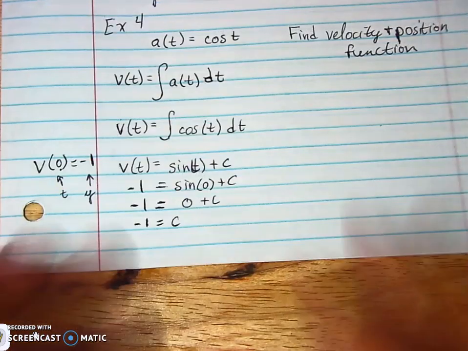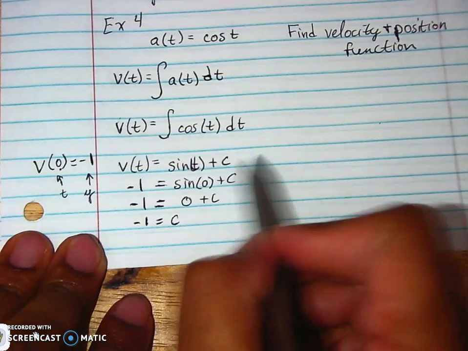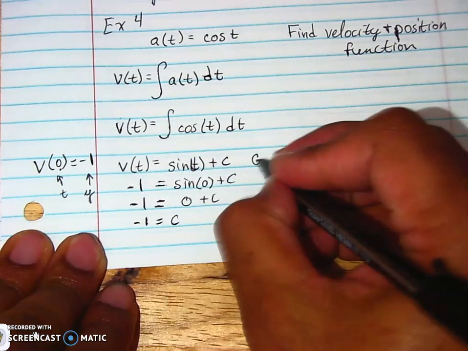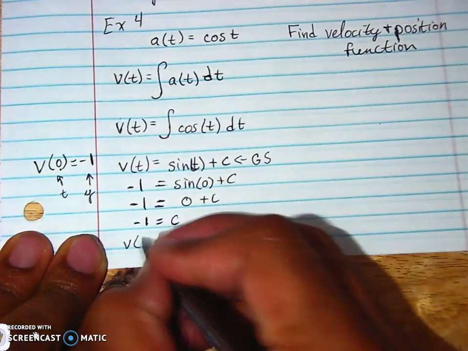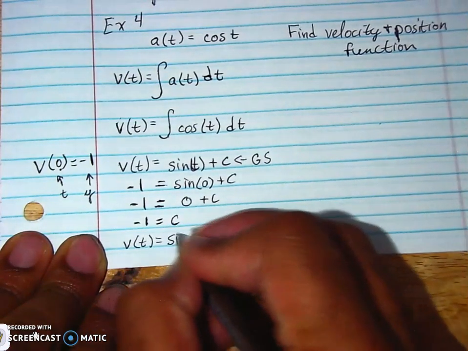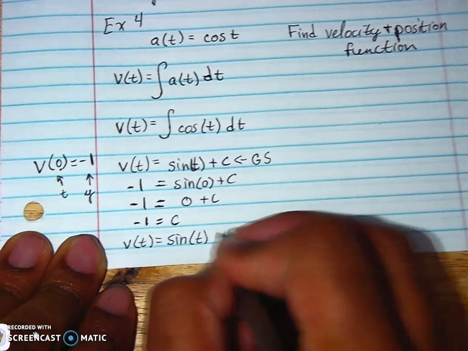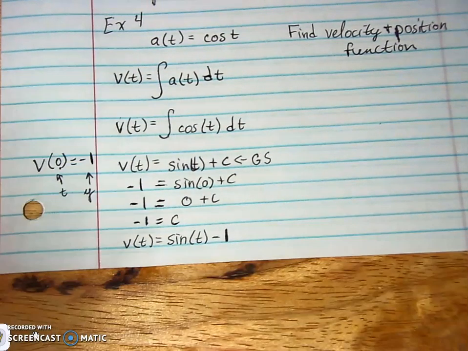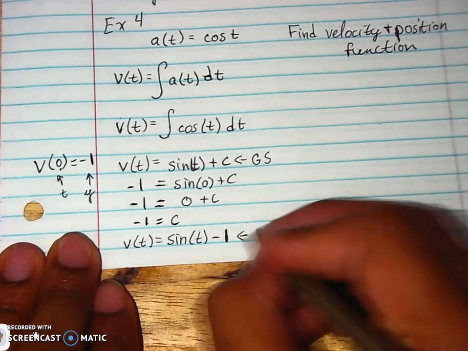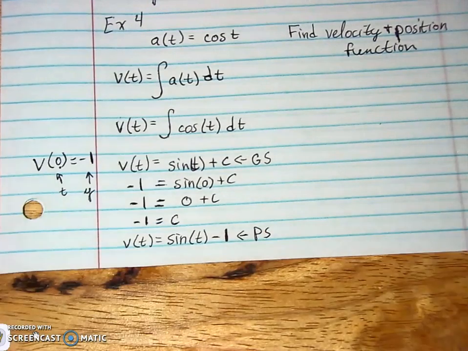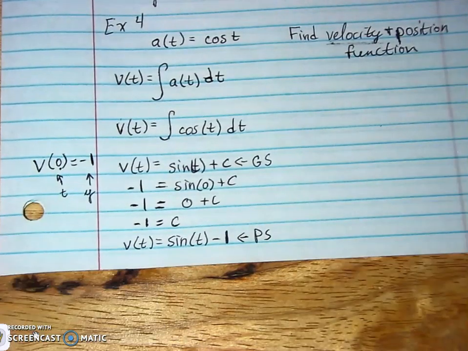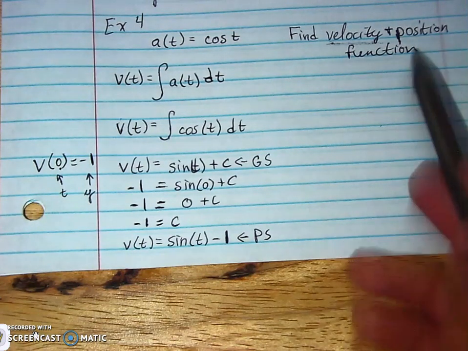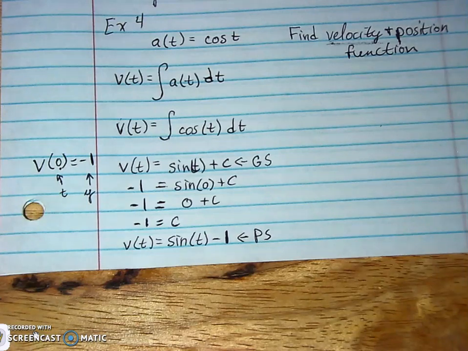So for this, I'm going to say GS for general solution, and then our particular solution is here, so we've dealt with velocity. Now, having found velocity, we use it to find position.